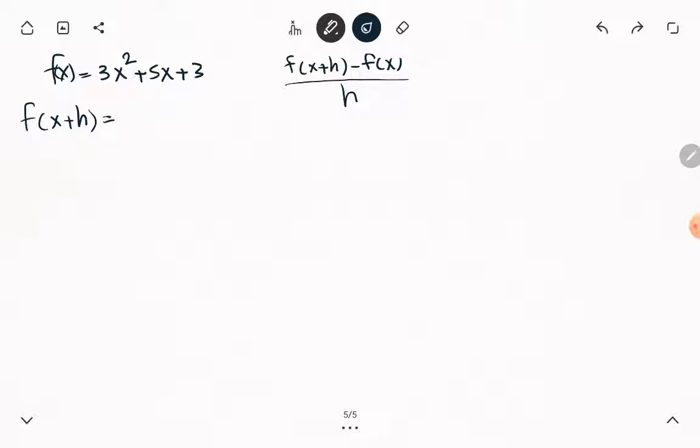So f of x plus h is 3 times x plus h squared plus 5 times x plus h plus 3. Just substitute x with x plus h. Let's simplify it.